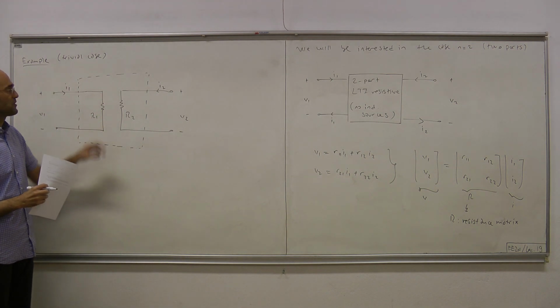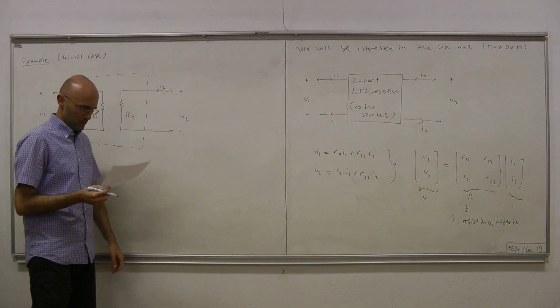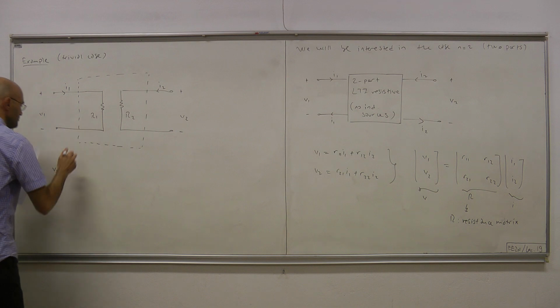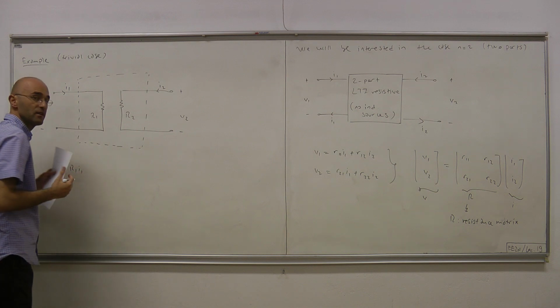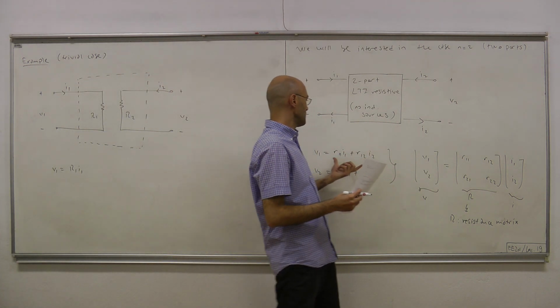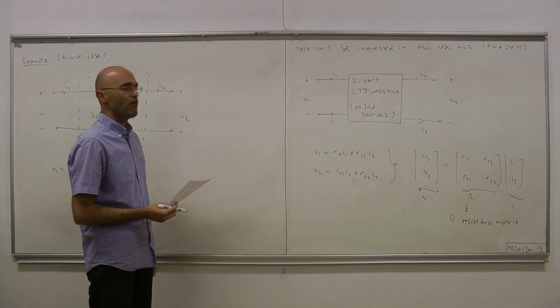Okay? Now, for this very simple 2-port, let's obtain the resistance matrix. So V1 equals R1 times I1, quickly. But now, because we want to consider the resistance matrix, we want an expression for V1 in terms of I1 and I2.